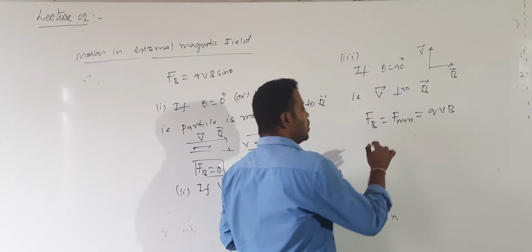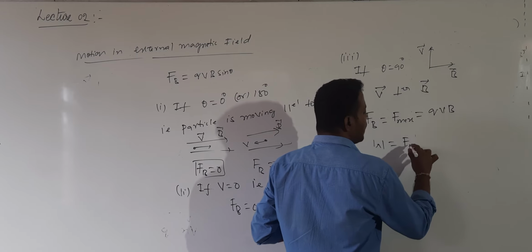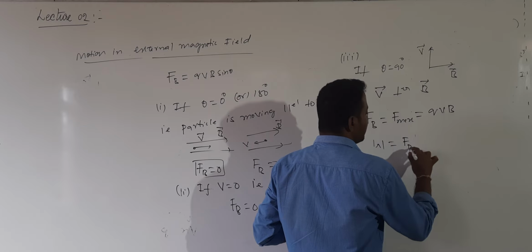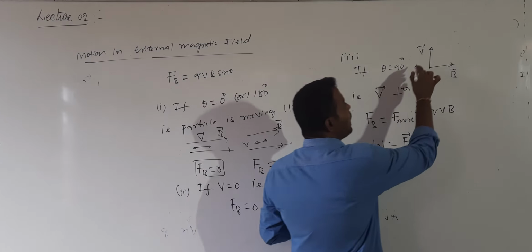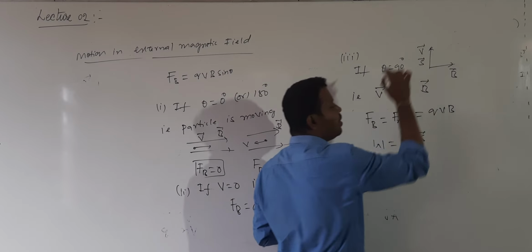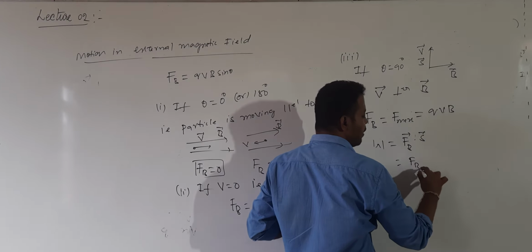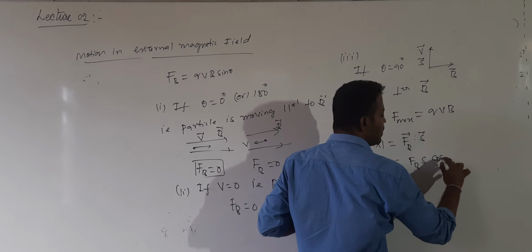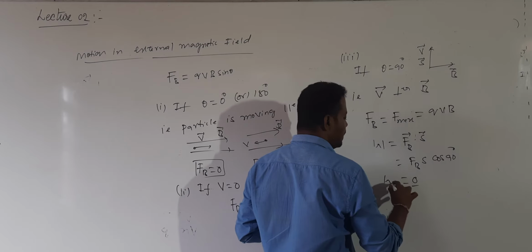So the work done by the magnetic force is given by the dot product of force and displacement, F bar dot S bar. The S bar direction will be along the direction of V bar only. So what is the angle between F bar and S bar? That is F_B into S into cos 90. Cos 90 value is 0, so the work done will be 0.